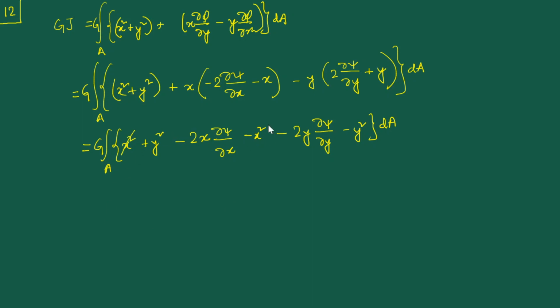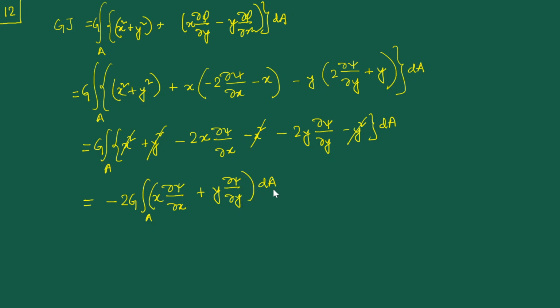So this x squared cancels with this x squared, this y squared cancels with this y squared, and what we are left with is this minus twice G times x del psi del x plus y del psi del y.